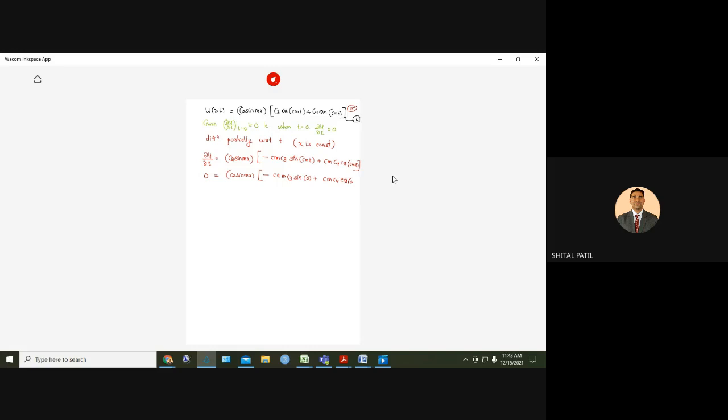Is it correct? Yes. Can anyone tell me who should be 0 now? C2 equal to 0, sin mx equal to 0, C equal to 0, m equal to 0, or C4 equal to 0. Who is 0?